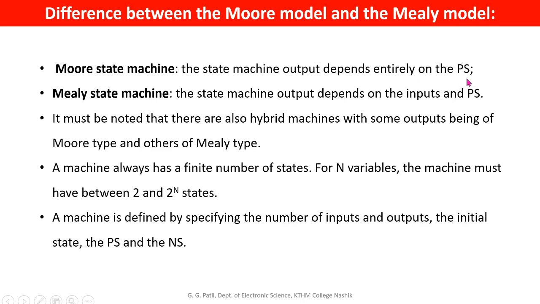In the Mealy state machine, the output depends on inputs and present state. This is the most important point of distinction between Mealy and Moore state machine.